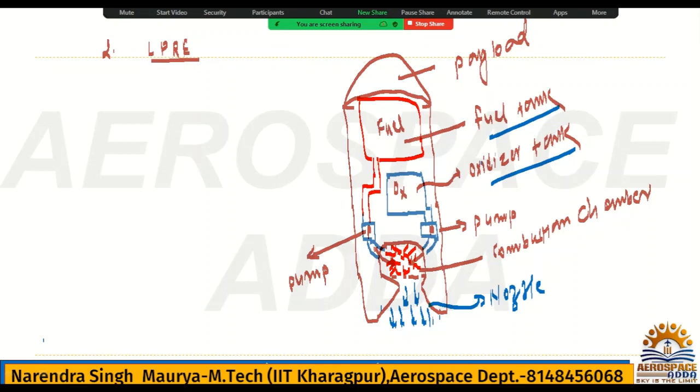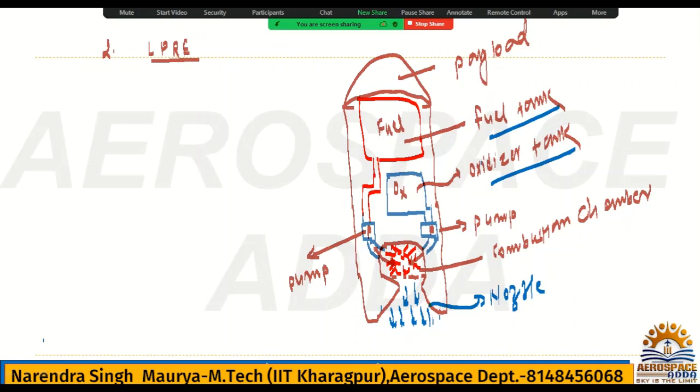LPRE propellants are stored in separate tanks. Here you have seen the fuel tank and oxidizer tank. It is preferred for large spacecraft and ballistic missiles. However, the design of an LPRE is quite complex. I told you, because of these components, two tanks, two pumps are required.